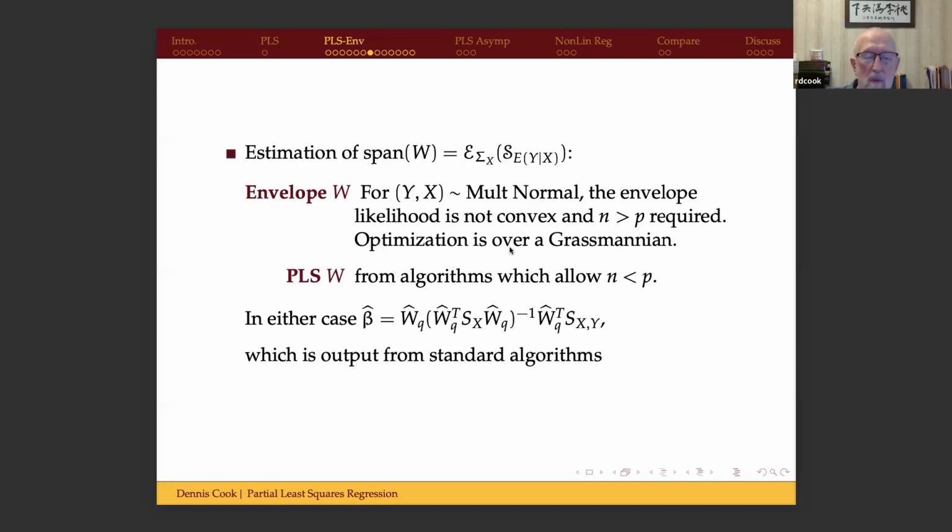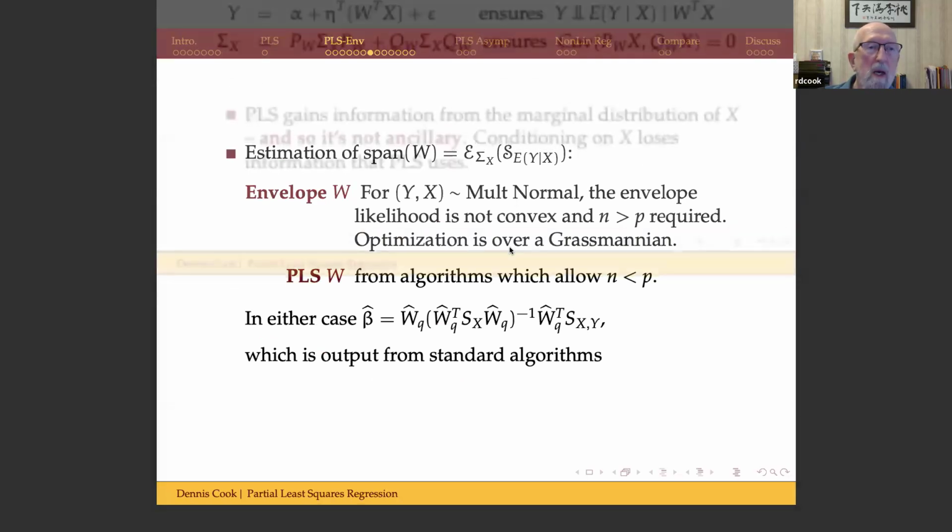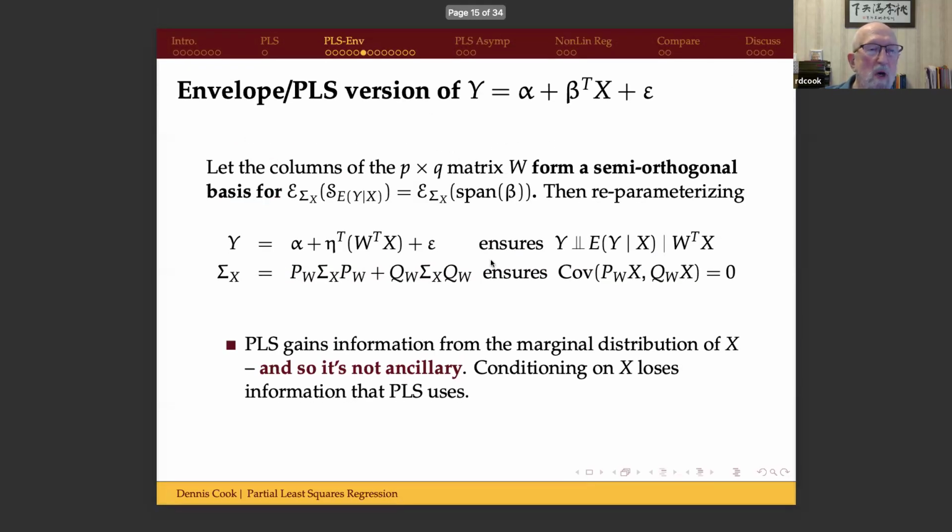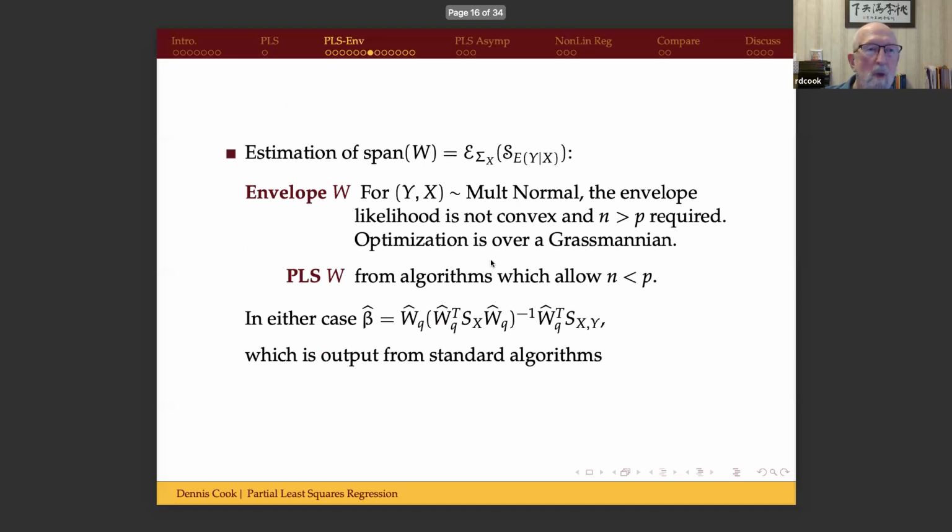So what about estimation? Now, what do I mean by estimation? Estimation starting from that model. Well, I could assume that x and y are multivariate normal and then just do the required algebra and get the likelihood. Now, the likelihood is not convex. It will be a function of the span of W. It will not be a function of W per se, but only of the span of W, because it's this subspace that's the parameter.